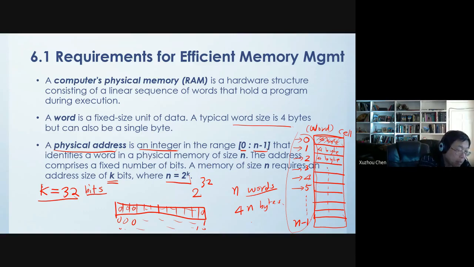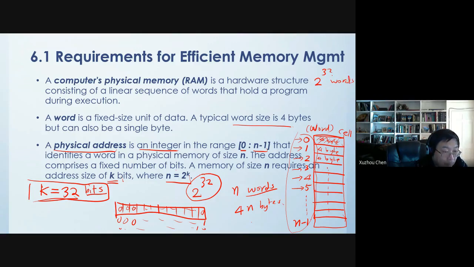Now, what does that mean? If I use k equals 32 bits to represent the memory address, the maximum size for the memory is 2 to the 32 words, right?